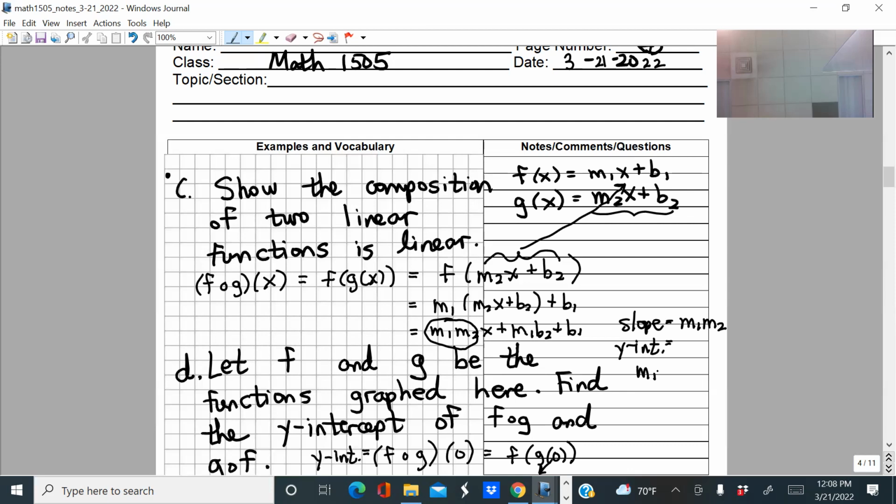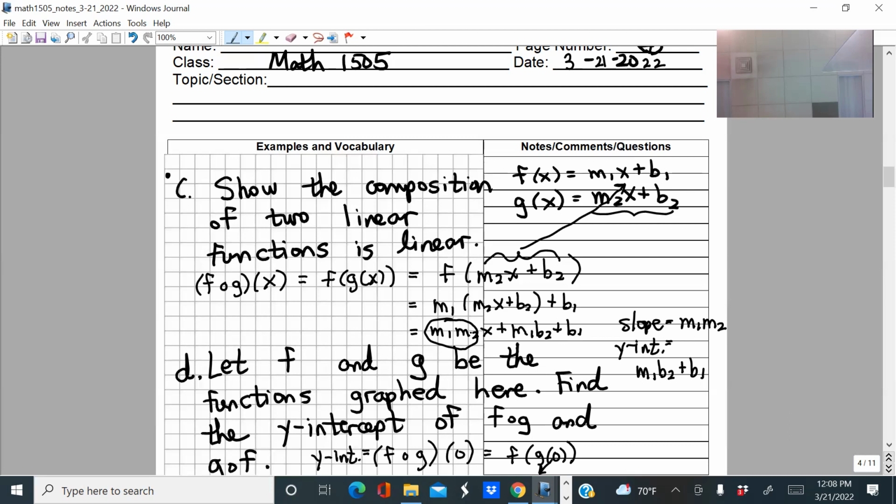So the y-intercept of your composition function is m1 times b2 plus b1. So you see, this is just a straight line. It's a number times x plus the y-intercept. So when you graph the composition, you get a line with slope m1 times m2.